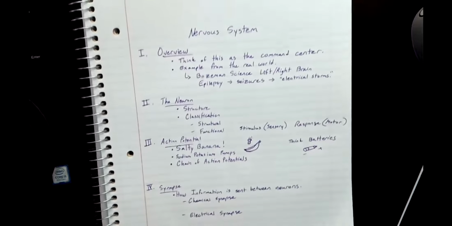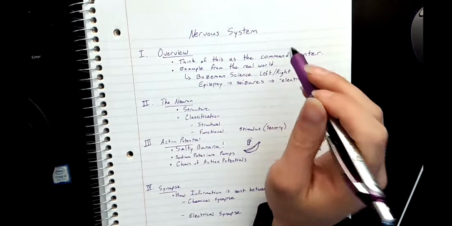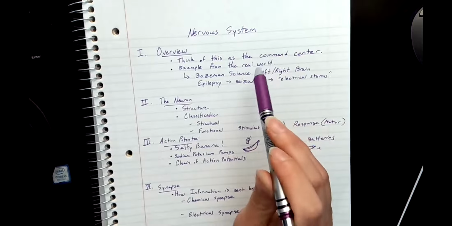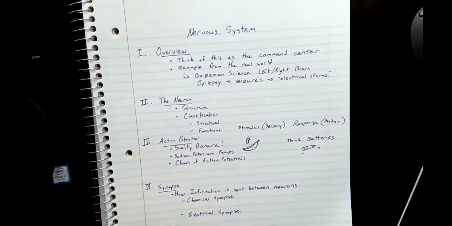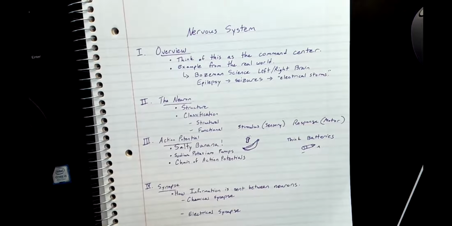We're going to talk about the nervous system, and a great way to think about this is that it is the command center. All the information that you take in from all of your senses, so your visual information, your auditory information, goes through the nervous system.